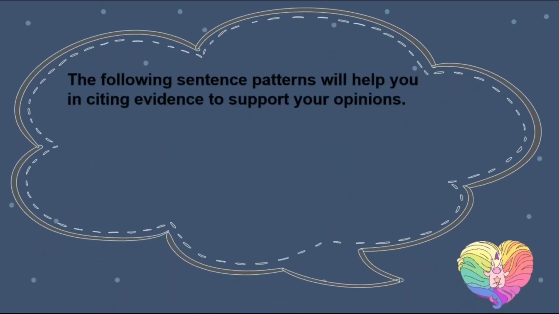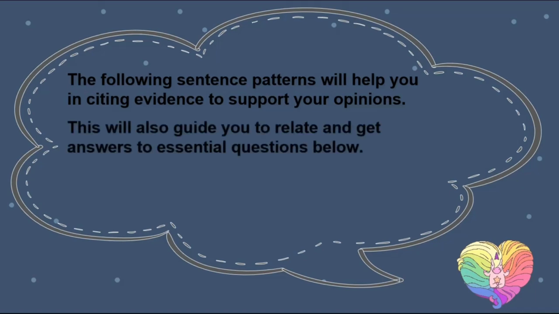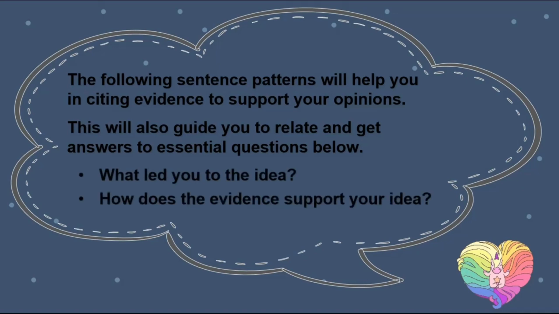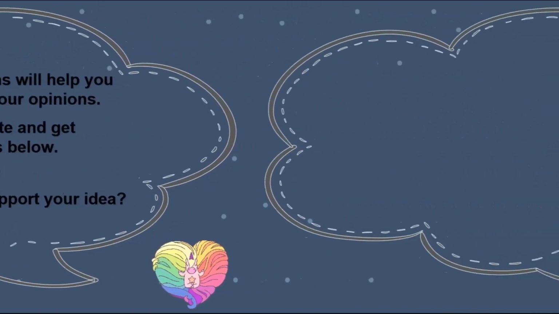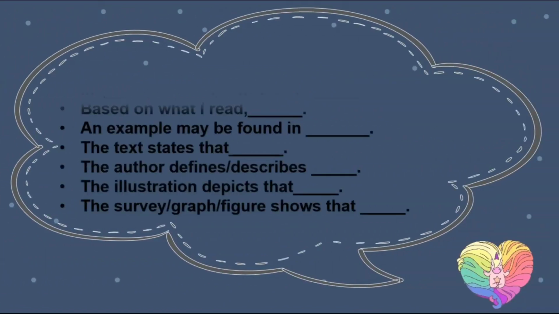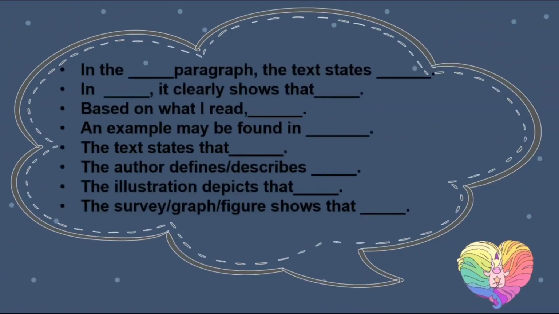The following sentence patterns will help you in citing evidence to support your opinions. This will also guide you to relate and get answers to essential questions below. First, what led you to the idea? And second, how does the evidence support your idea? So here are some examples of the sentence patterns.